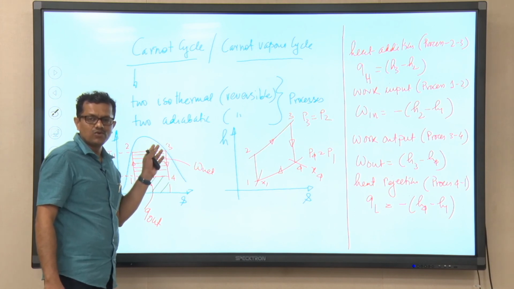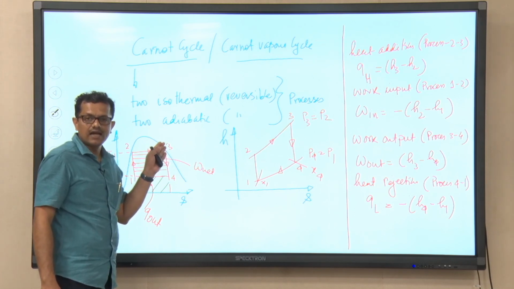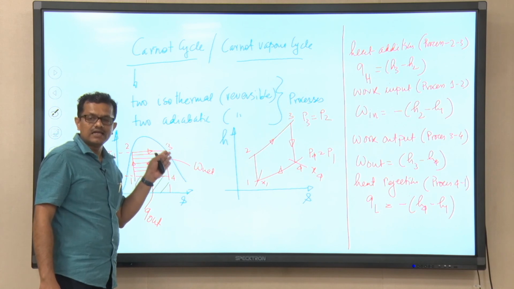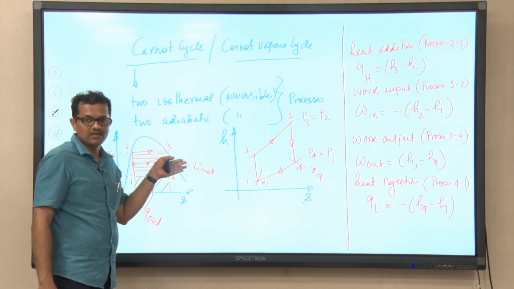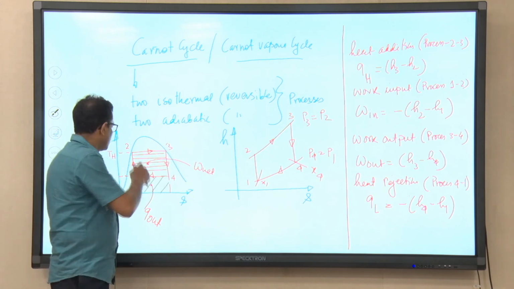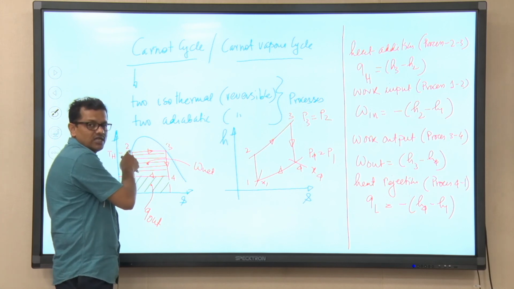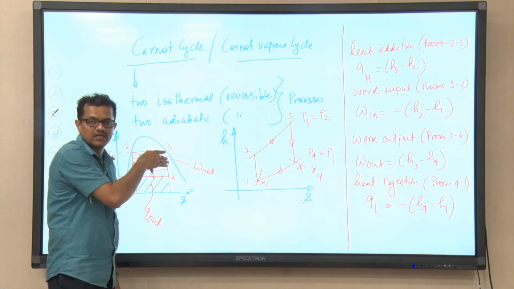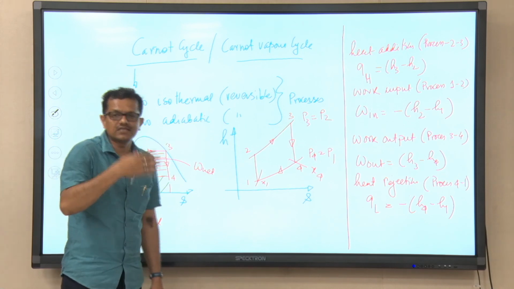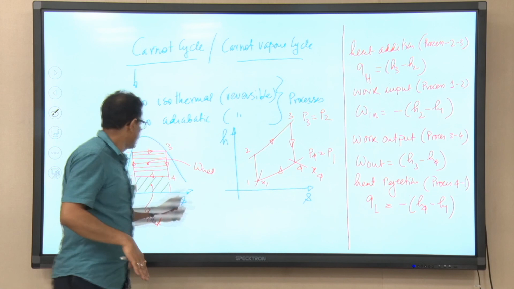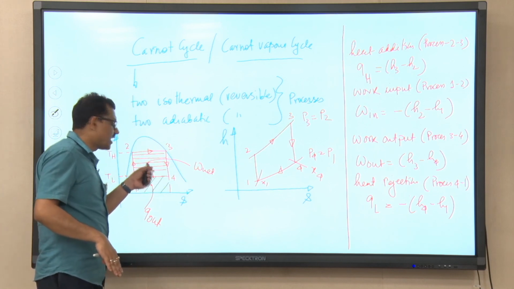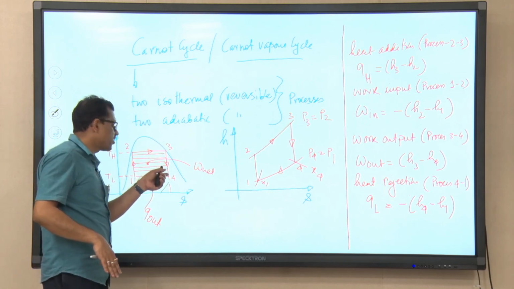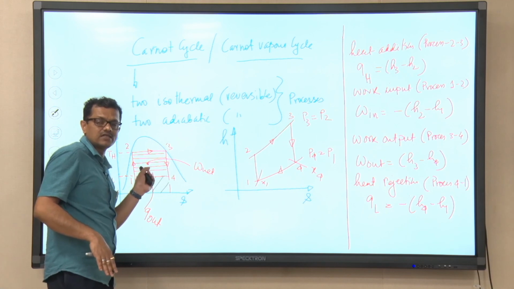Now, these two processes are easily attainable as internally reversible, but mind it, to convert saturated liquid into saturated vapor we have to supply heat, that is transfer heat externally, for this boiling. As well, we have to take out heat at point 4, and that is why condensation takes place.